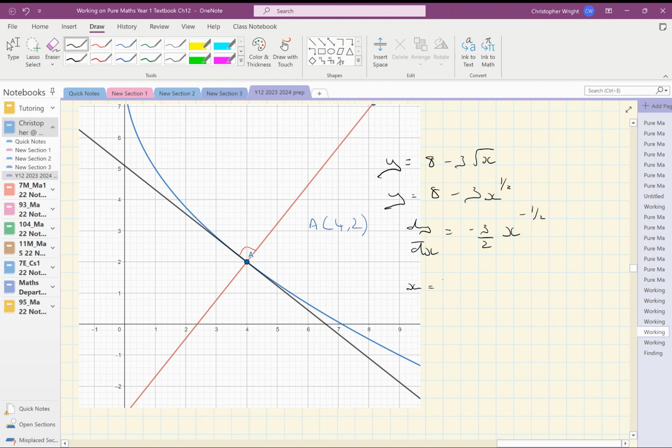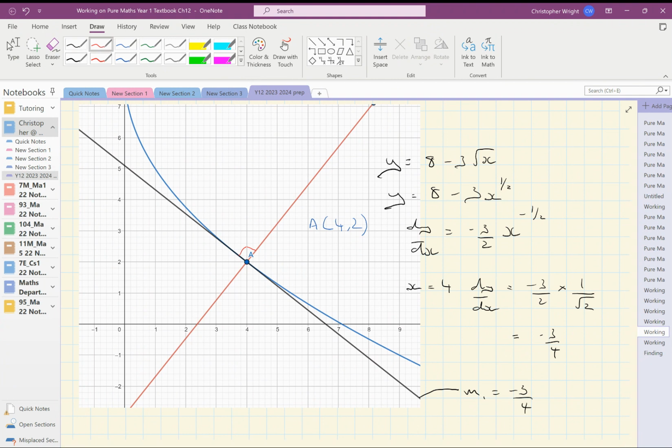If x equals 4, then dy by dx equals minus 3 over 2 multiplied by 1 over the square root of 4. Well, the square root of 4 is 2, of course. So this works out to minus 3 over 4. So the gradient of this tangent, which I'll call m1, is minus 3 over 4.